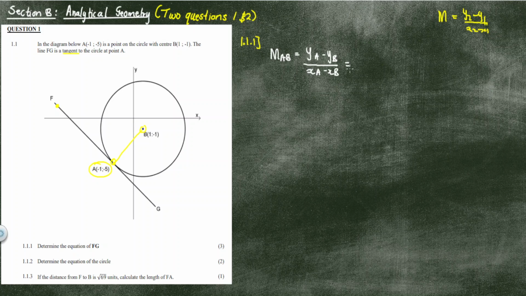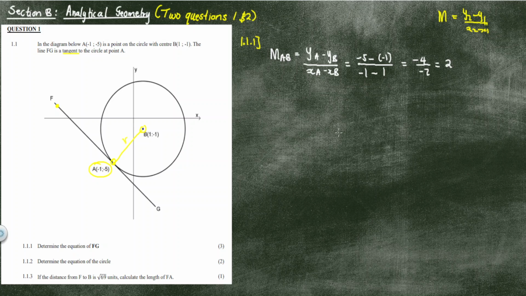Alright, so the value of yA is minus 5 minus yB, which is minus 1, over xA, which is minus 1, minus xB, which is 1. So we simplify, we get minus 4 over minus 2. So the answer is 2. So that's the gradient of the radius AB.